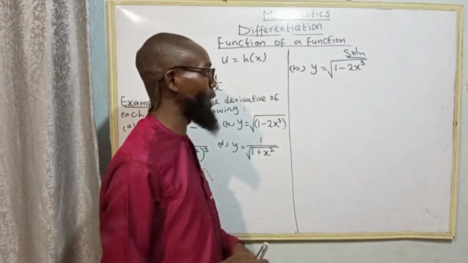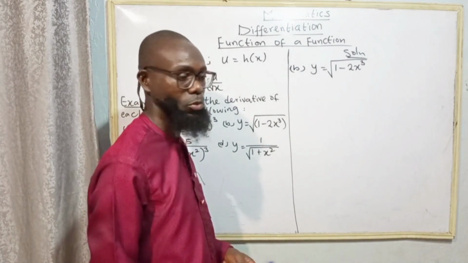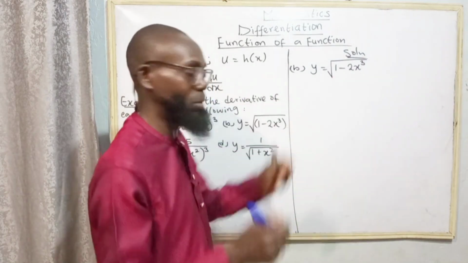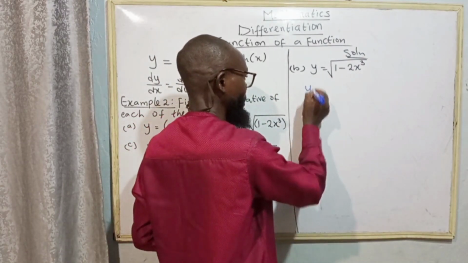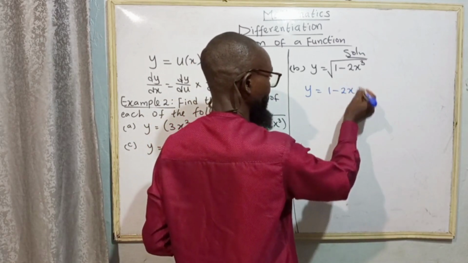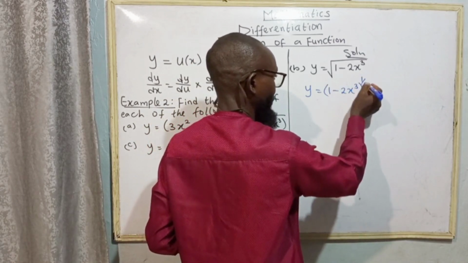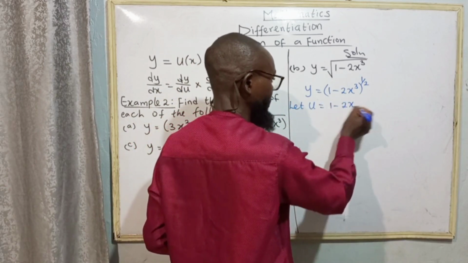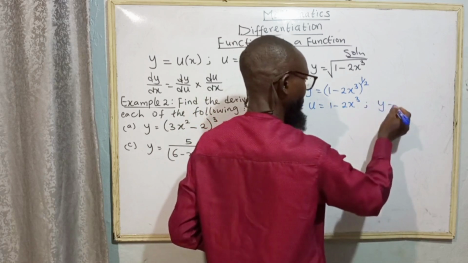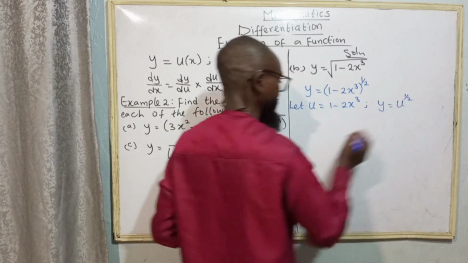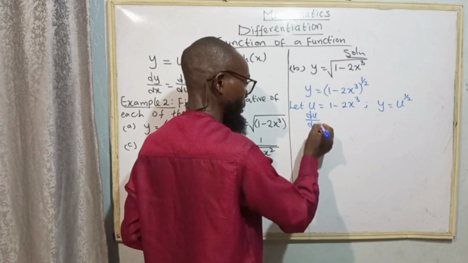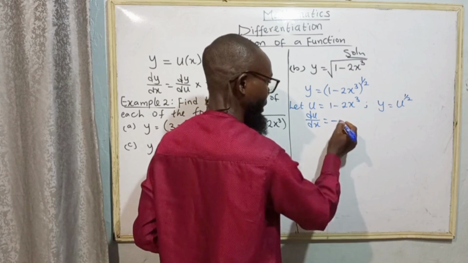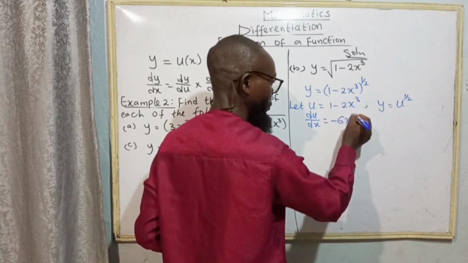B, question. y is equal to square root of 1 minus 2x cubed. In this case, let's try to take these square roots back to the beginning. y equals 1 minus 2x cubed, that is power 1 over 2. We now say let u equal 1 minus 2x cubed, then y will equal u raised to power 1 over 2. du dx will equal, so the derivative of a constant equals 0. 3 multiplied by minus 2, we have minus 6x, as 3 minus 1, we have 2.